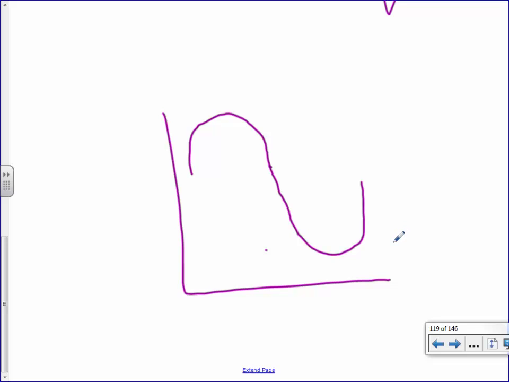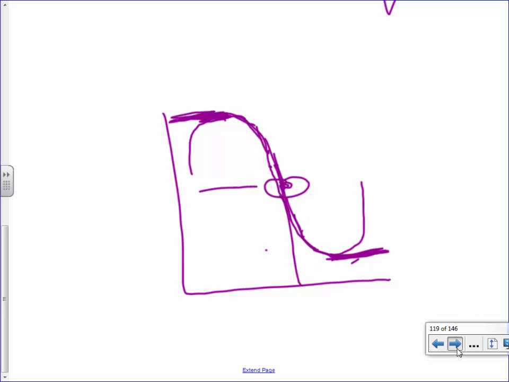Only rather than drawing them both as quadratics, let's draw this one fairly flat because it needs to be a buffer where it does not change all that much. And then rather than turning back around like this, let's have this one flatten out there. So imagine that you have two consecutive quadratics. The place where those quadratics meet would be known as an inflection point. Okay, so it's a mathematical term, but it essentially refers to what we've been talking about. This is your endpoint. It's also your equivalence point.